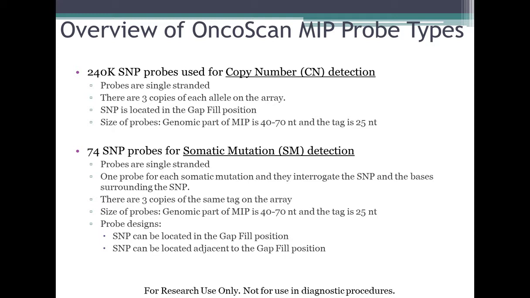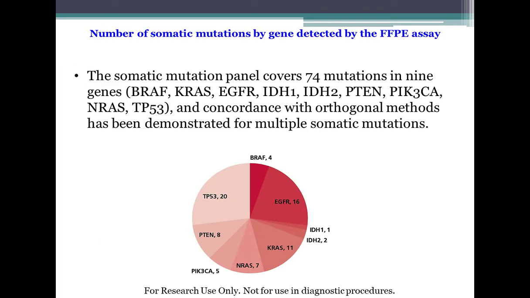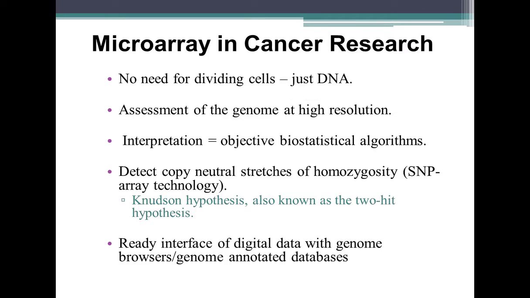But the icing on the cake, especially if you're working in oncology, are the 74 SNP probes for the somatic mutation detection. And these probes are directed against 74 mutations for 9 critically important genes in oncology, like BRAF, KRAS, EGFR, which are important in either diagnosis, prognosis, or therapy selection for the majority of the cancer cases.